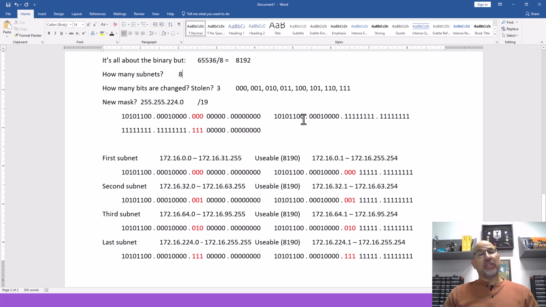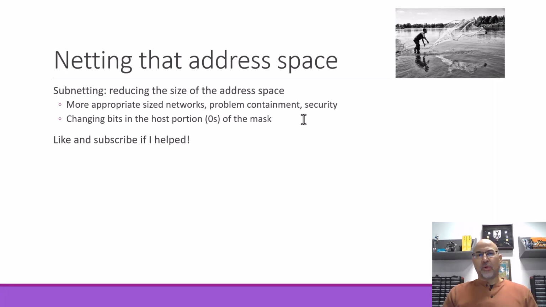Okay, I hope this example helps you in your subnetting efforts. All right, so we've just been subnetting that address space. Remember that when we're subnetting, even if it looks like we've got an enormous address space still when we're done, what we really did in these examples is reduce the size of the address space that we're concerned about. In the first example, we did a class C, and we divided the address space up into 4 equally sized subnets having 64 possible addresses in each. In the second, we did a class B. We divided it up into 8 subnets.